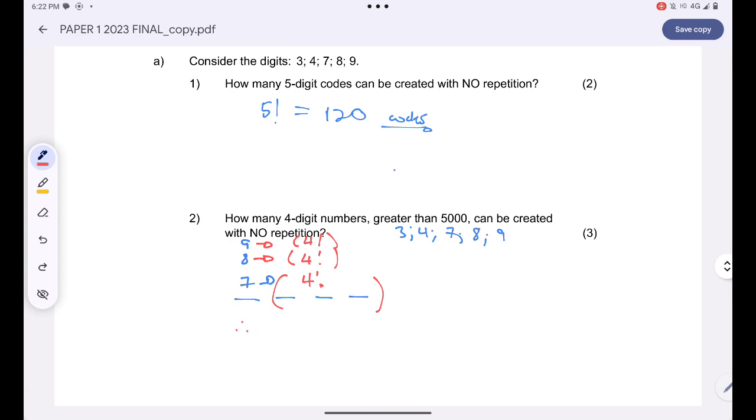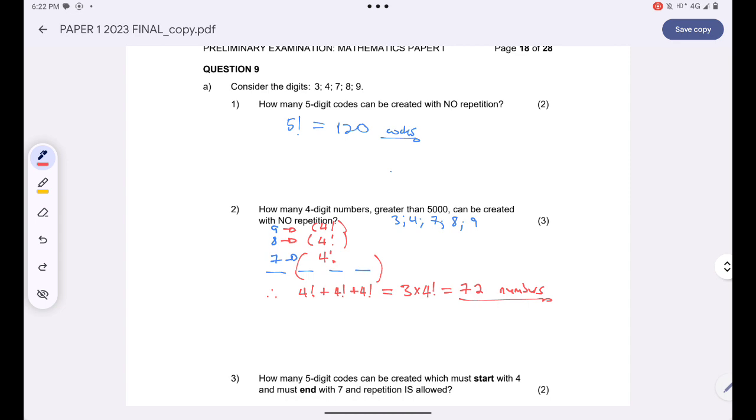So the final answer will be 4 factorial plus another 4 factorial and another 4 factorial, which gives me 3 times 4 factorial. There will be just 72 4-digit numbers that can be created which are greater than 5,000.